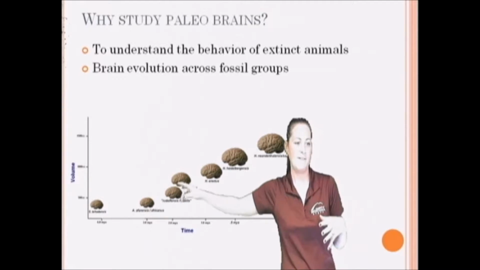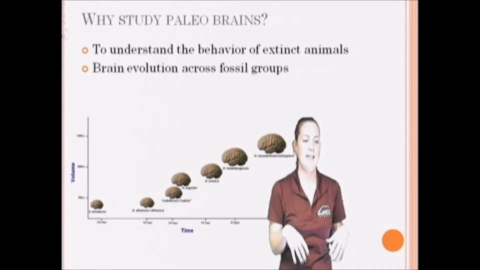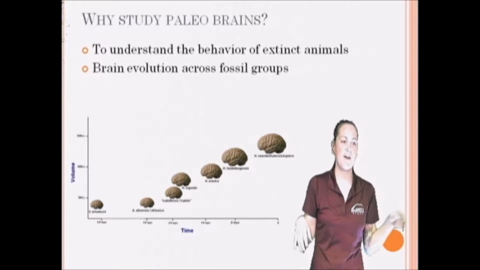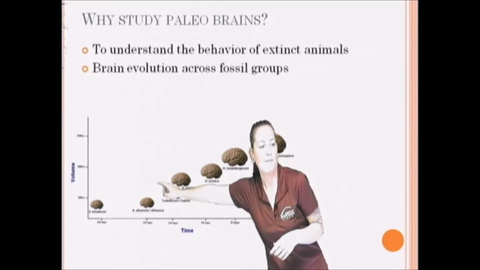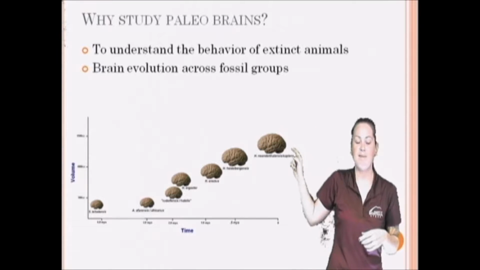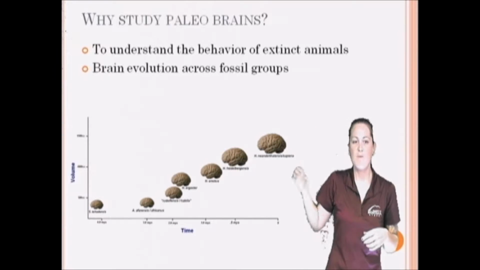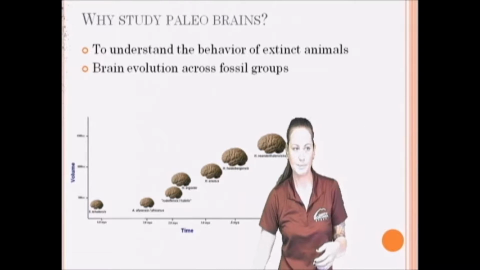So here I have a nice little graph, time is on the bottom, volume, so how big the brain is. And it goes all the way from some really, really old hominids over here with under 500 cc brains, all the way up to us Homo sapiens and Neanderthals. So this is really important for human evolution, for example.